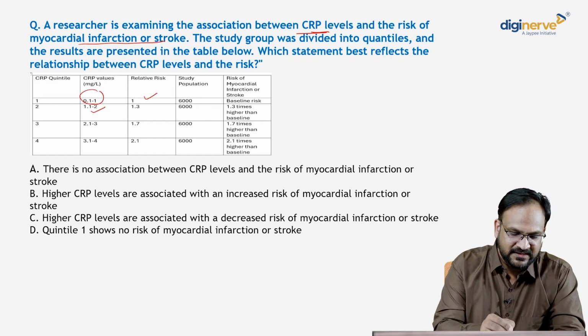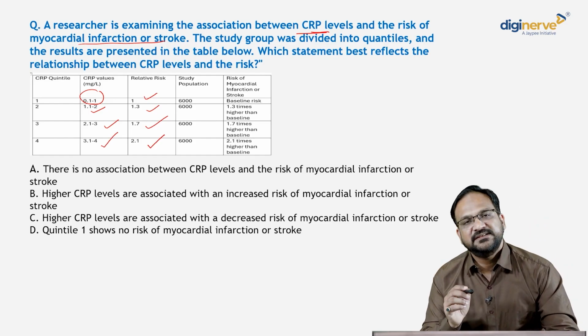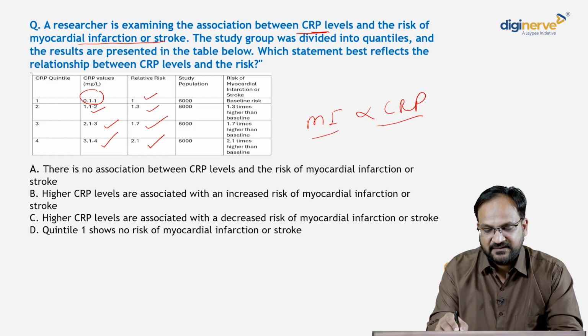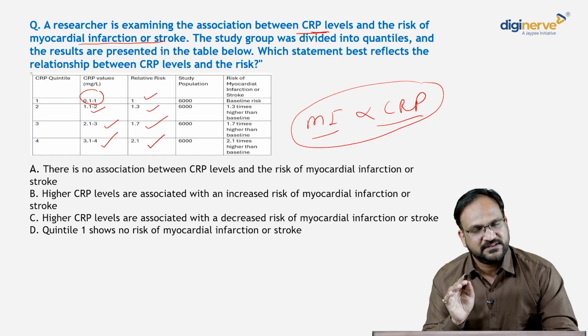As the CRP level increases, risk increases. As the CRP increases more, the risk is more. And as the CRP level increases more, when it becomes 3 to 4, risk is also increasing. It means the risk of MI is proportional to CRP level. The relative risk of MI is increasing with the level of CRP. This is our verdict by checking the tables.